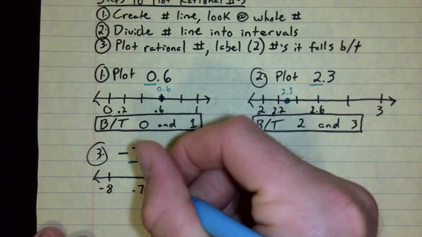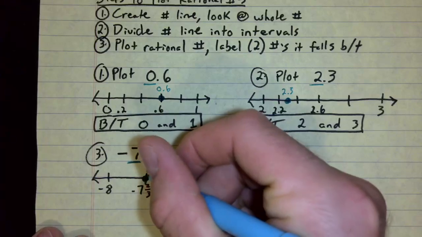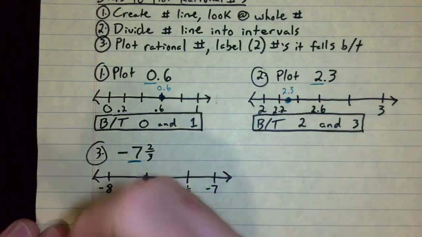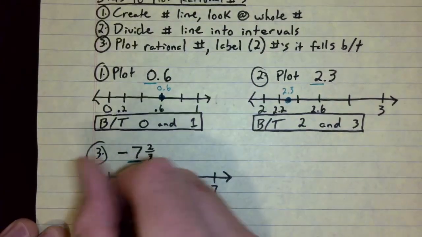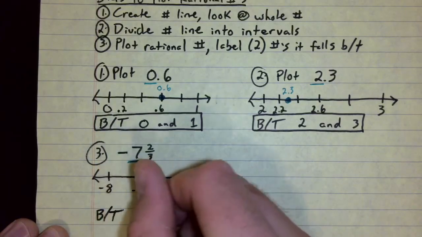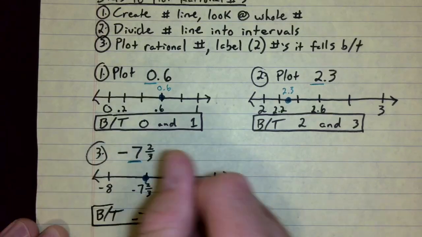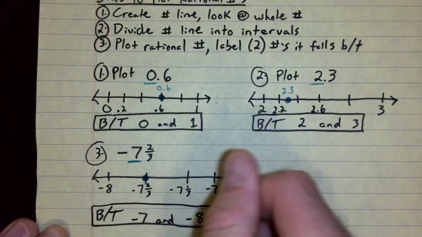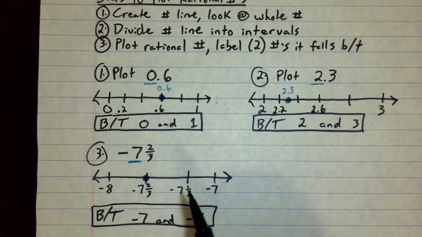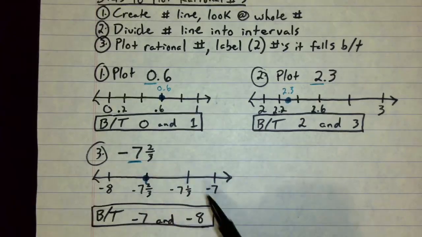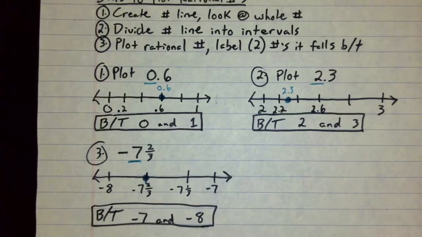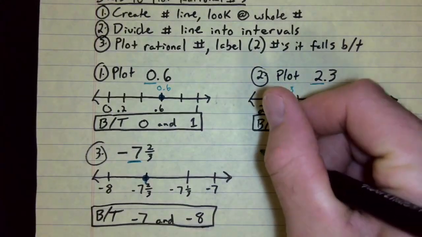Here's -7 and 2/3. That's it. And we know the two integers it is between are -7 and -8. That's it. Let's try another one.